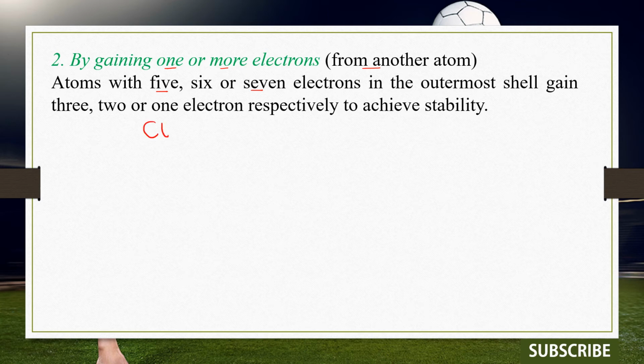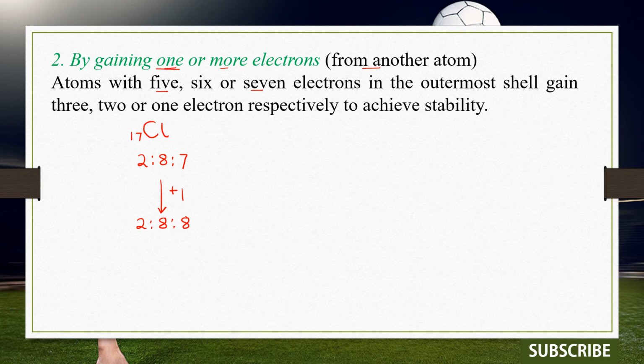Atomic number of chlorine is 17, and that means electronic configuration of chlorine is 2,8,7. So for chlorine to become stable, it will actually have to gain 1 electron so that the new electronic configuration becomes 2,8,8. So it can't lose 7, it will gain 1 electron. And this is an example of an atom gaining 1 electron.